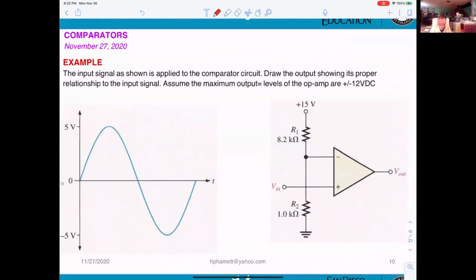Now, example. The input signal as shown is applied to the comparator circuit. Draw the output showing its proper relationship to the input signal. Assume the maximum output level of the op-amp will be plus minus 12 volts DC. Can you draw that for me?